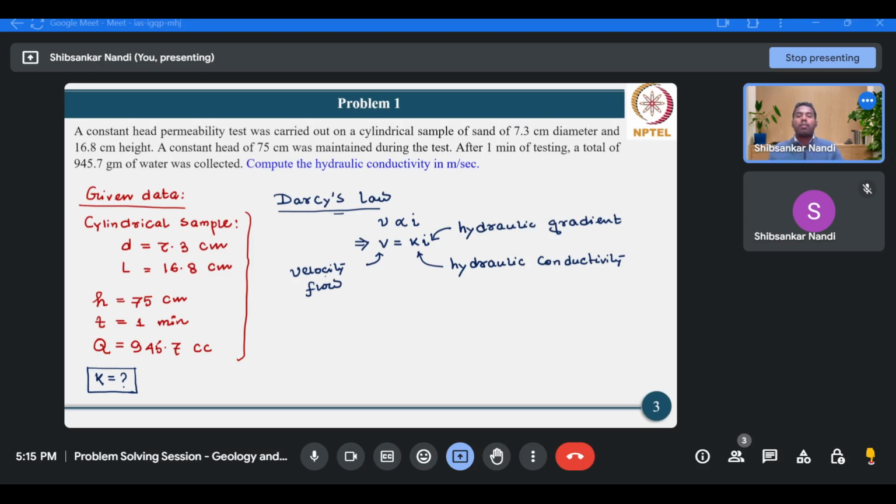So as per Darcy's law, velocity of flow equals K times I, that is hydraulic conductivity times hydraulic gradient.